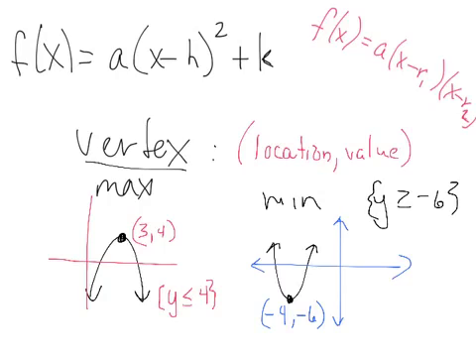You may not know the location. You may know the roots. And the location of the max or min with regards to the roots is halfway between, the midpoint. So if the roots are 2 and 8, halfway between 2 and 8 is 5, so the x-coordinate would be 5. And then the y value is whatever you're told or whatever's given. So location and value.